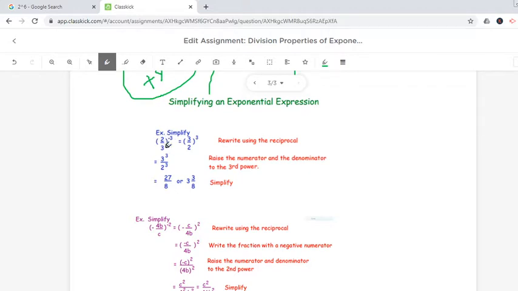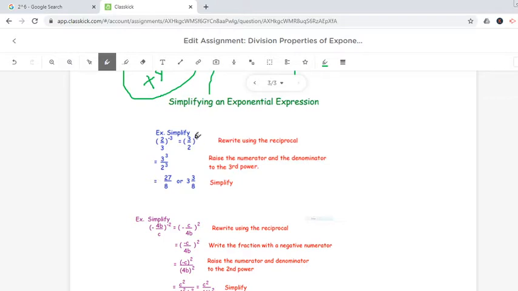So it's 2/3 here, and now it's 3/2 here. So the denominator went to the numerator, and the numerator went to the denominator. So that's the reciprocal. And we rewrite using the reciprocal when we have a negative exponent. So now it's positive when we use the reciprocal.